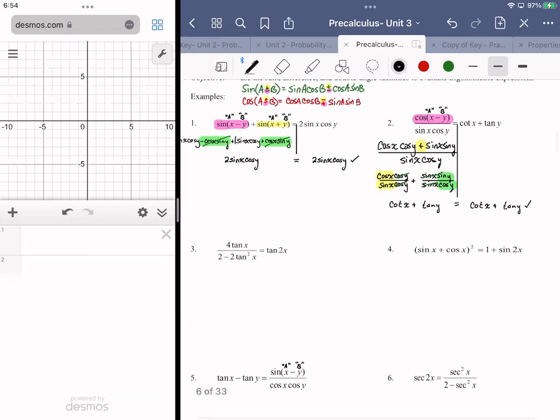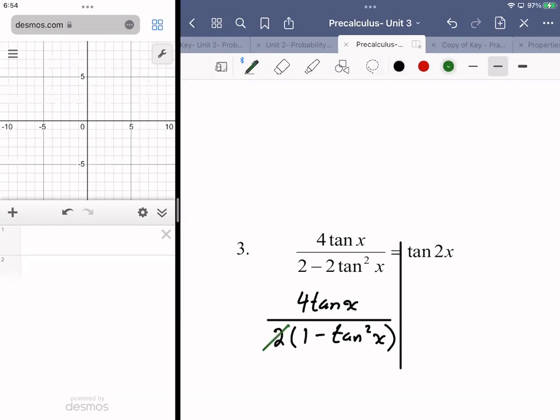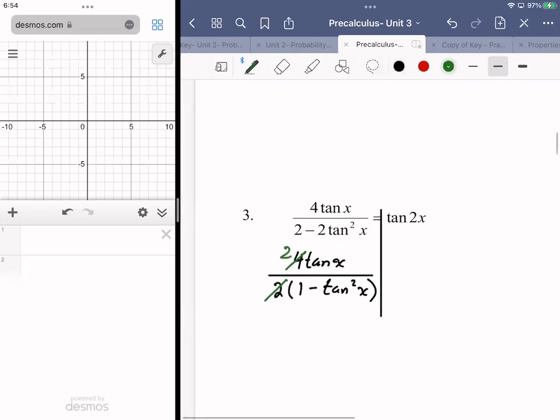As I can show you, we have a common 2 on the bottom of the left-hand side. So I can factor out a 2. And that would give me 1 minus tangent squared x. That 2 would go into the 4 twice.